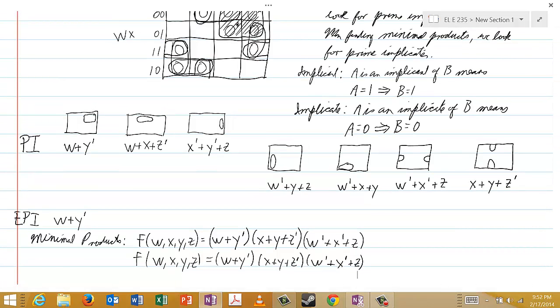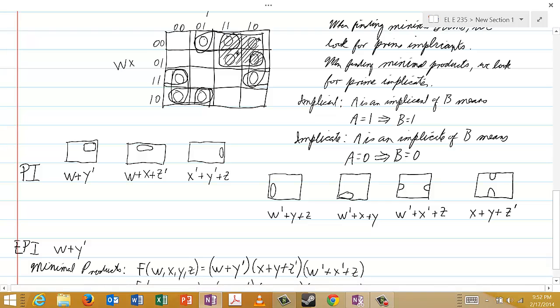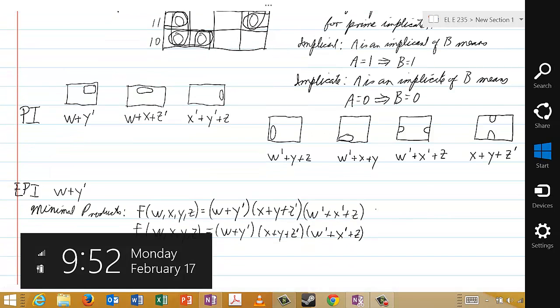Now once again, remember that by including these three terms, we are taking care of all of the zeros up above except for this one in the lower left hand corner. And there are two ways to take care of that one. That is by the inclusion of this prime implicate or by the inclusion of this prime implicate. So we'll use the first choice.